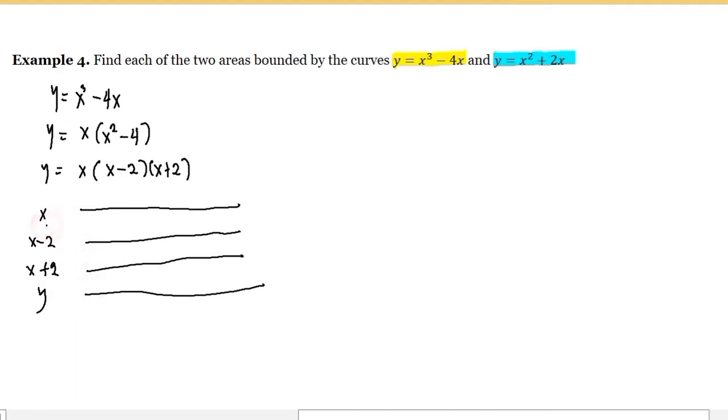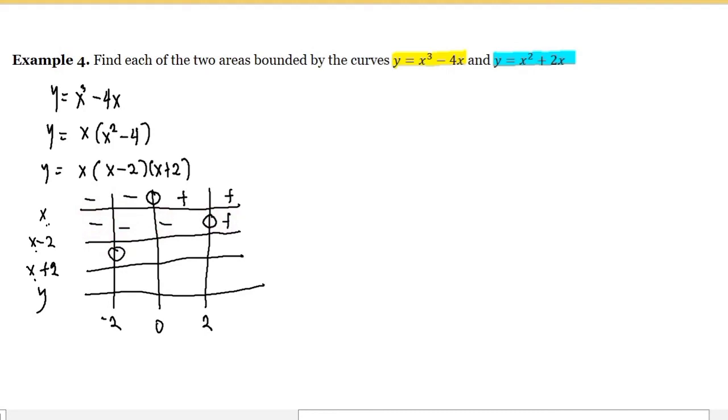So, this x here would be 0 at x is equal to 0. And this x minus 2 here would be 0 if our x is equal to positive 2. And this would be 0 if our x is equal to negative 2. So this would be 0 at 0. If we are going to substitute a number higher than 0, that will be positive, and lower than 0, that is negative. So that only means that we have here the positive to the right and negative to the left. And in here, we have 0, positive to the right and negative to the left.